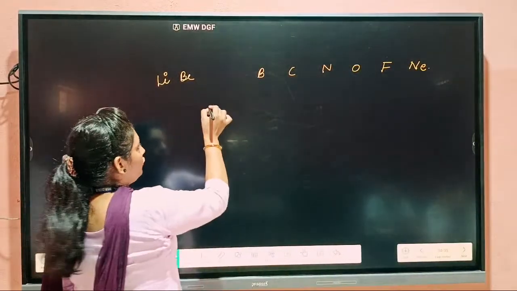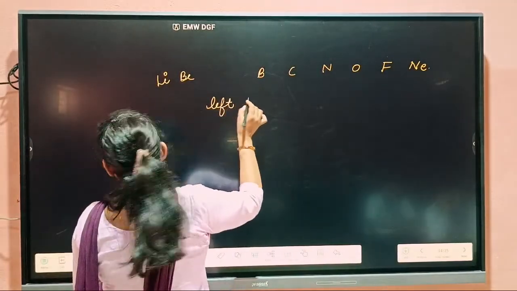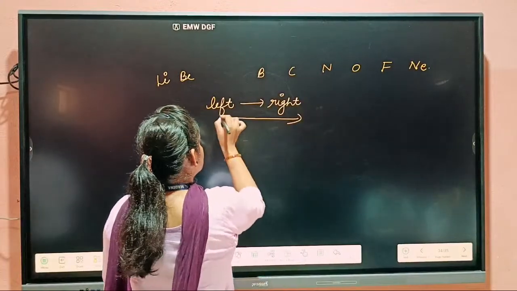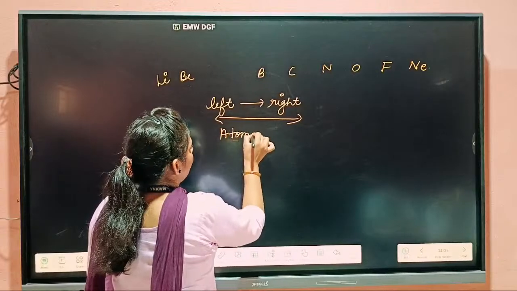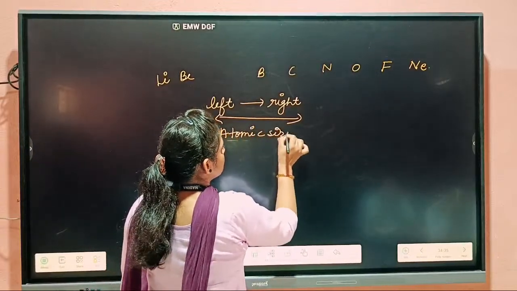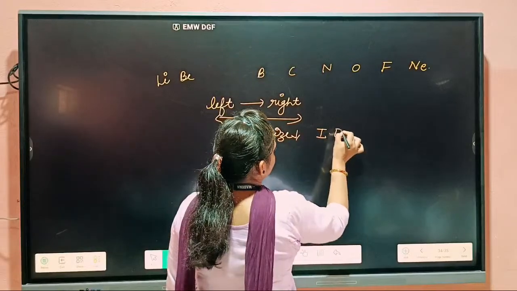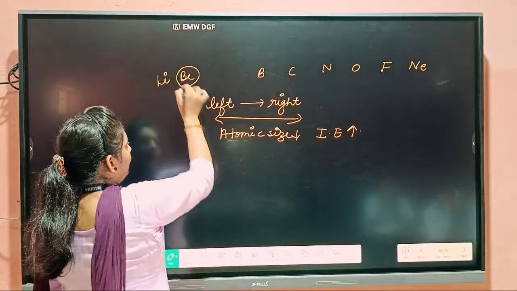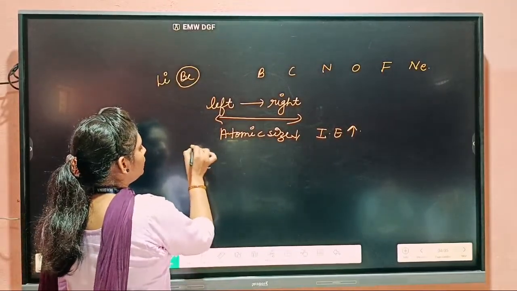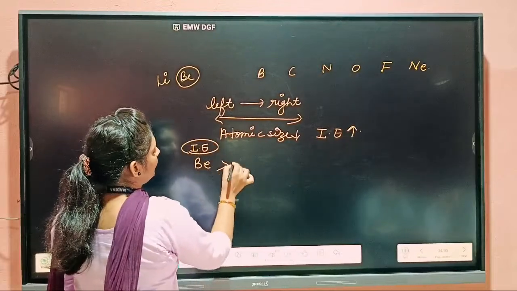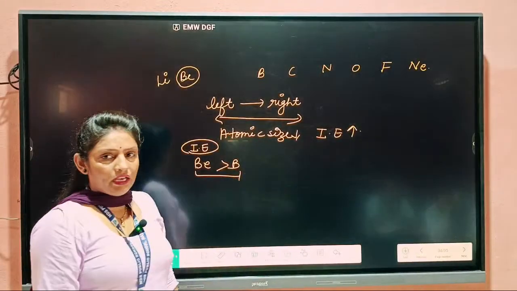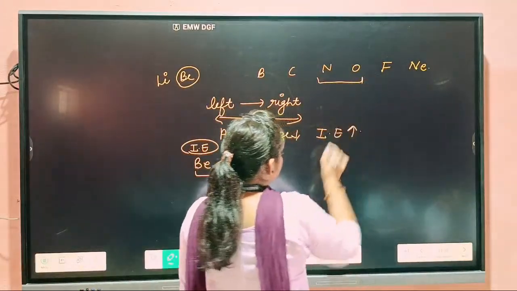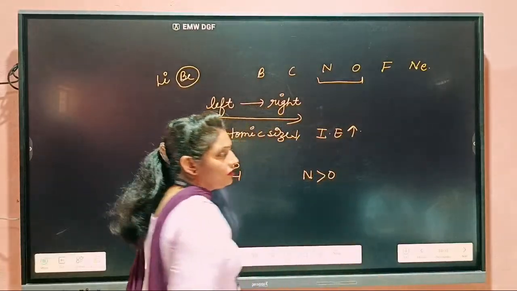Students, if I move from left to right, atomic size decreases, so ionization enthalpy should increase. But here, ionization enthalpy for beryllium is greater than boron. It is an exception. And here ionization enthalpy for nitrogen is greater than oxygen.